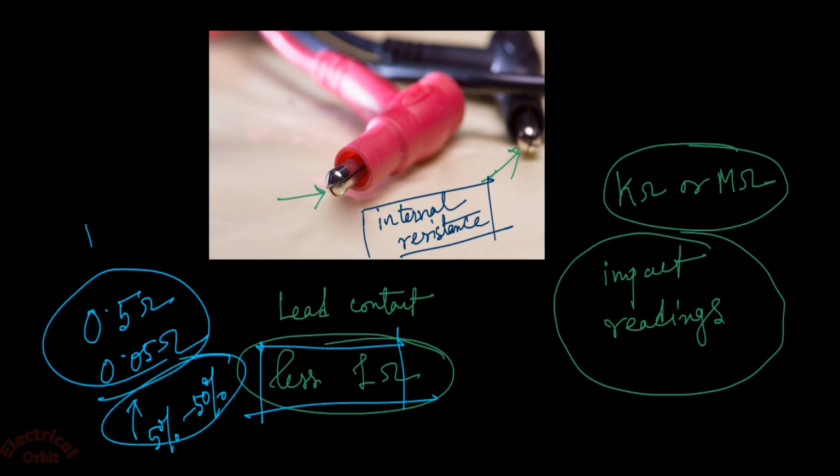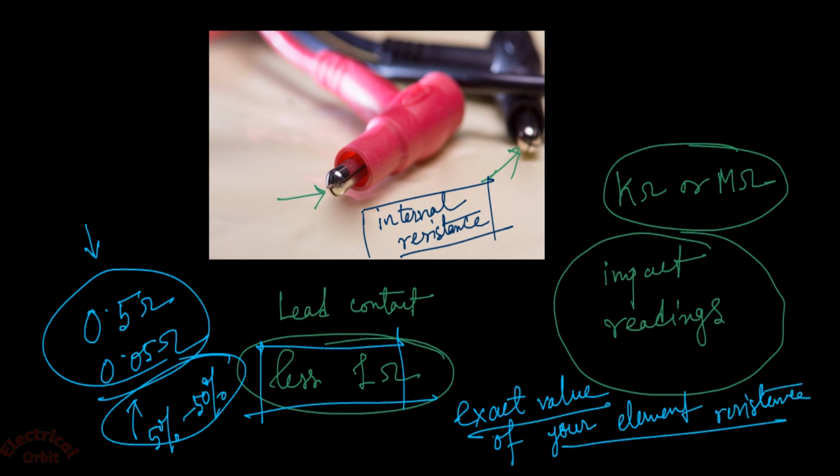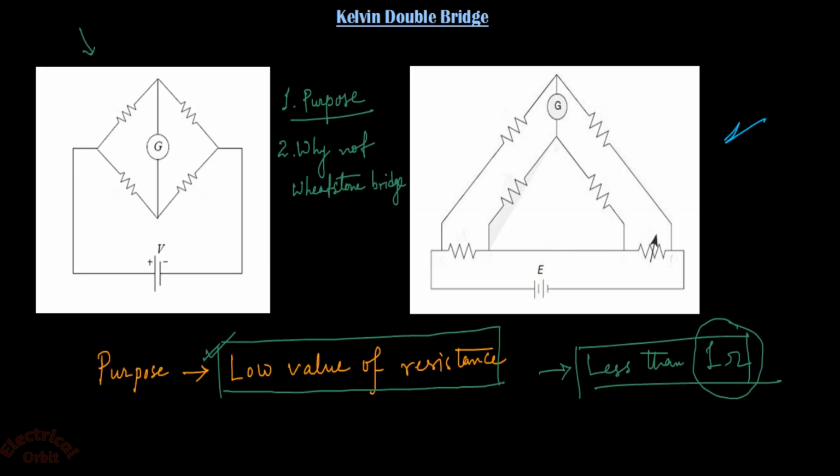See, this small value of resistance is making so much difference in your reading that you will never be able to calculate or measure the exact value of your element resistance. That's why the Kelvin double bridge is so important in measuring low value resistance. So we have understood these first two points.